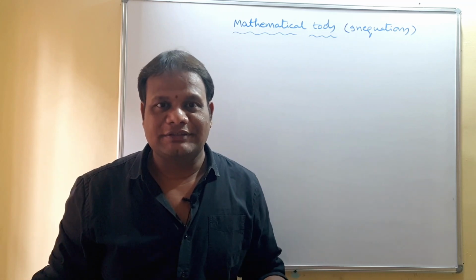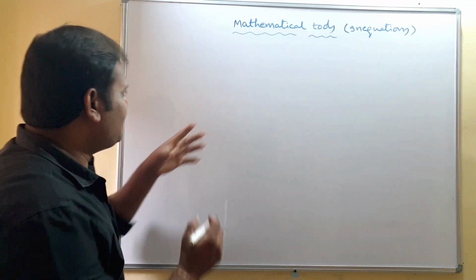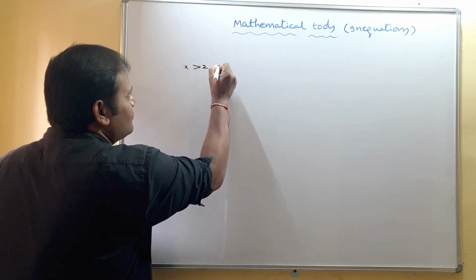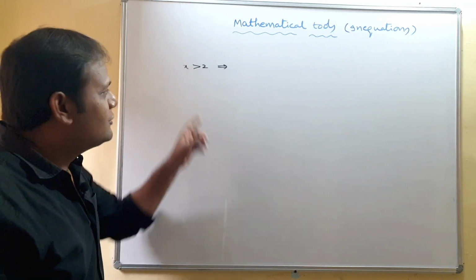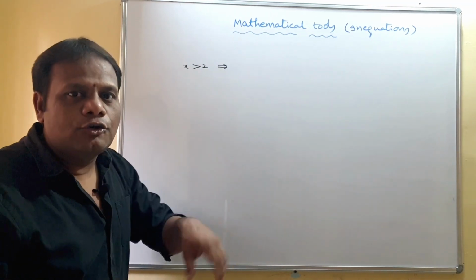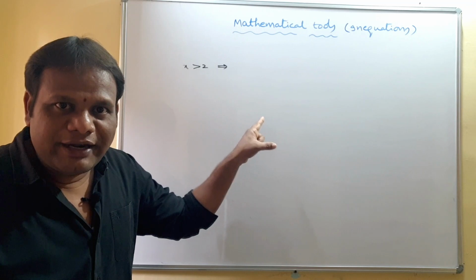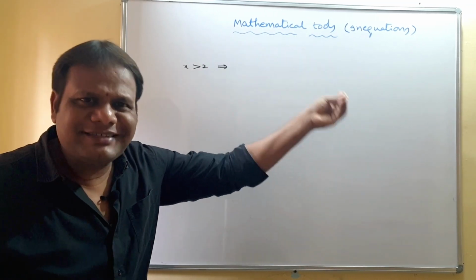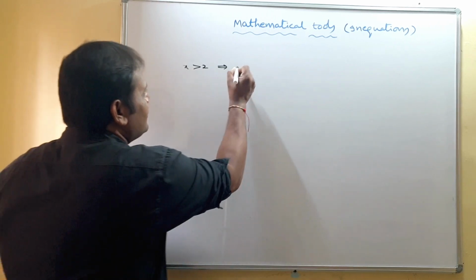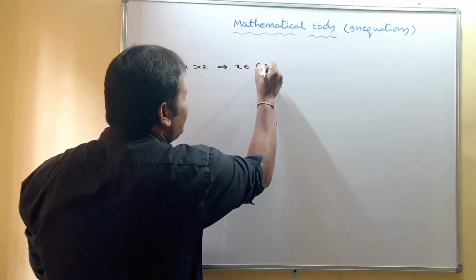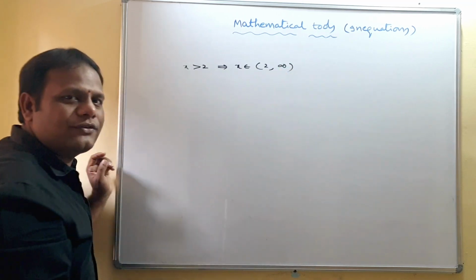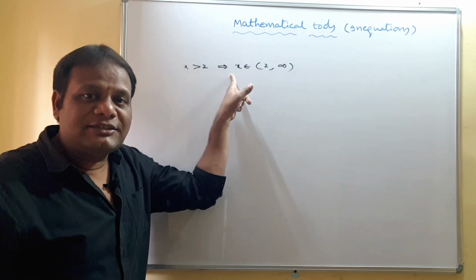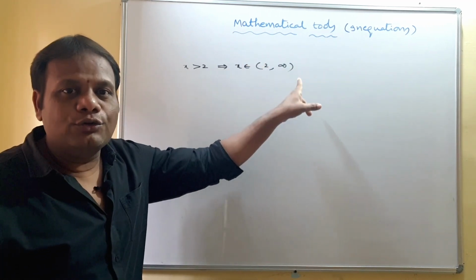Okay, till now we discussed what is inequation and how to represent solutions of inequations using intervals. Suppose while solving any question, you arrive at x greater than 2, then what we write? We can write all the values more than 2. Is 2 included? No. More than 2 means, can I go till infinity? Yes, you can. So x belongs to open interval 2 to infinity. So in any question, if there is x greater than 2, immediately you write x belongs to open interval 2 to infinity.